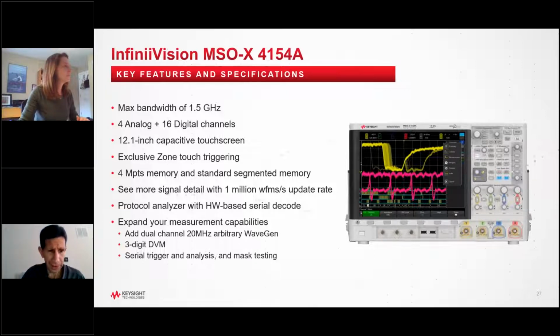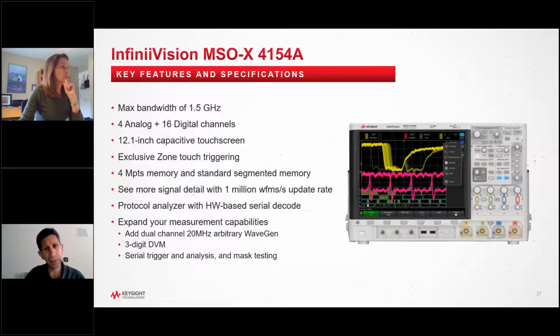So again, I'm going to advance through these rather quickly. Here again, this family, 1.5 gigahertz, 4 analog channels and 16 logic analyzer channels. And some of the new, more modern features, we can get an arbitrary waveform generator built in.